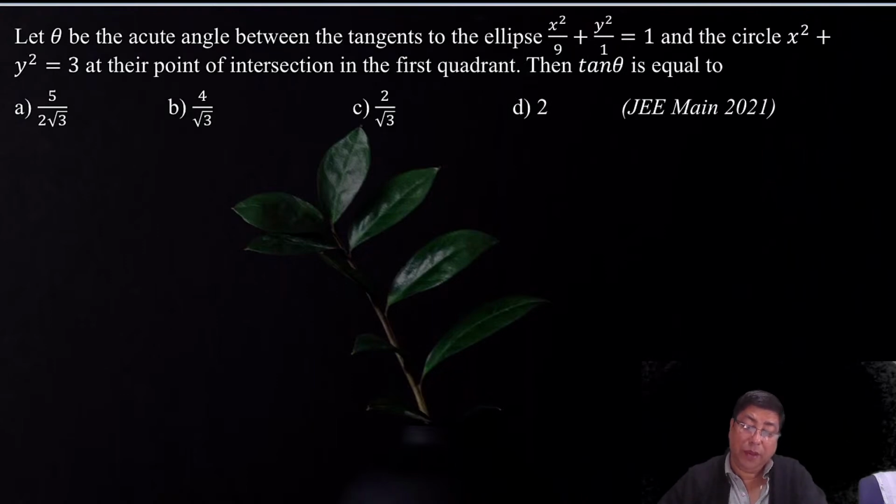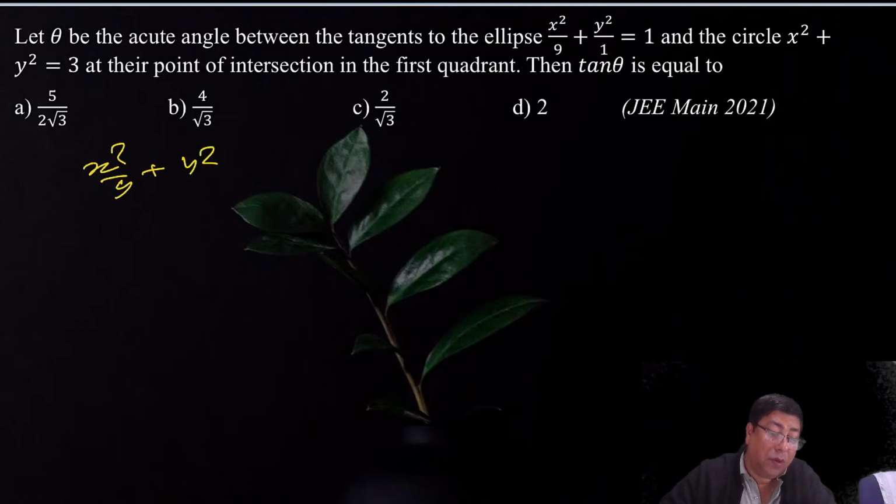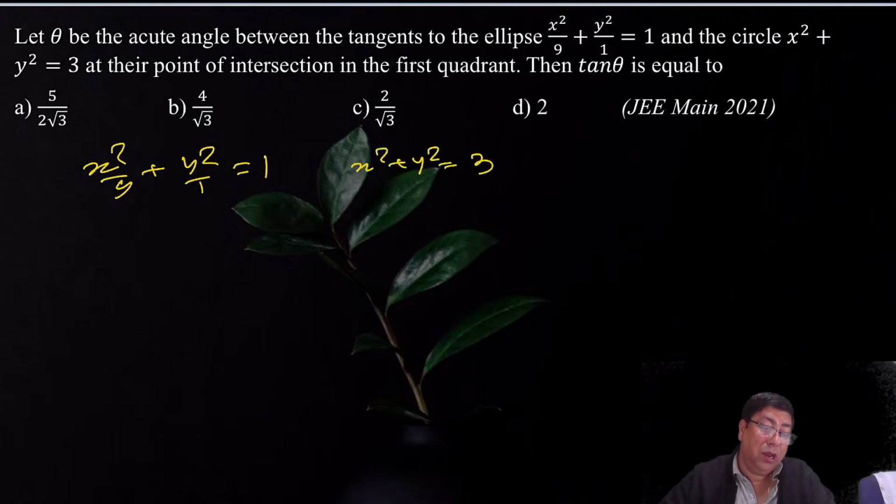Let's do one thing: x square by 9 plus y square by 1 equal to 1. And we are getting here x square plus y square equal to 3. And theta is the angle between the tangents of the circle. So let us draw one rough diagram.